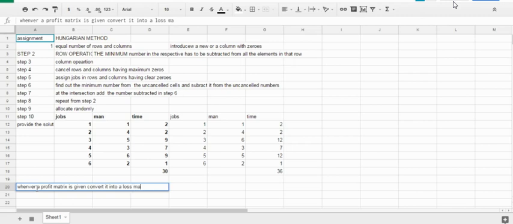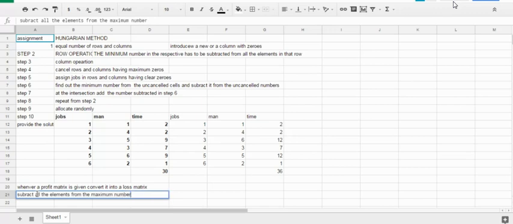So how would you convert it into a loss matrix? Take the maximum number and subtract all the elements from the maximum number.